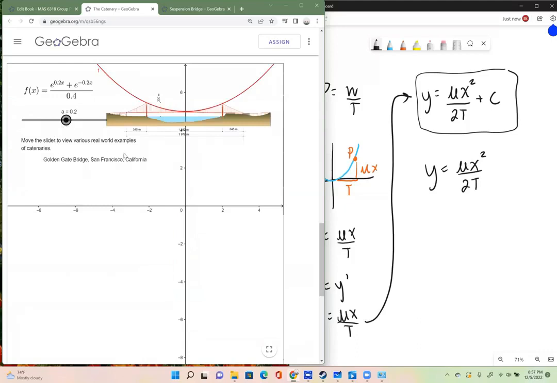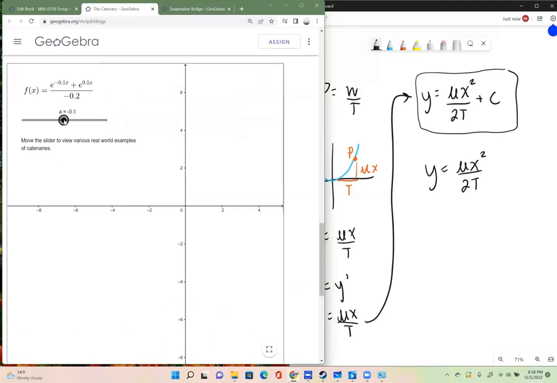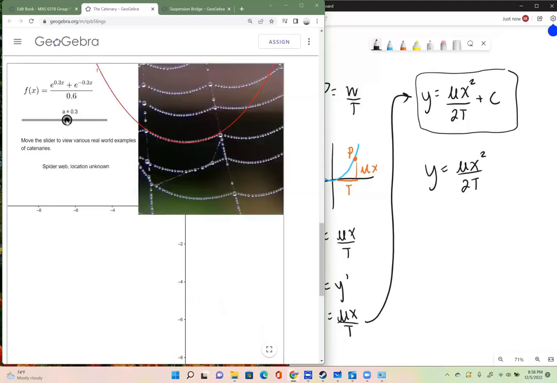Now, some websites were saying that the Golden Gate Bridge is modeled by a catenary, and some were saying that it's modeled by a parabola. I couldn't get a clear answer on this, but in this picture, well, this is a cartoon, but it goes pretty well with the catenary, I would say.